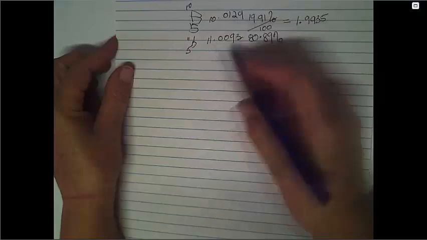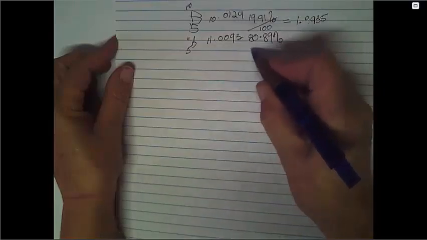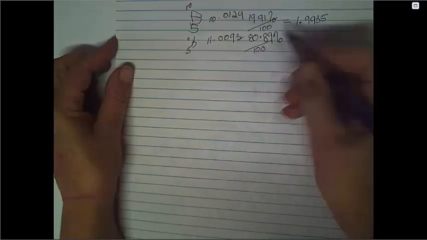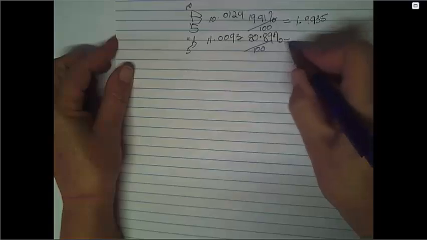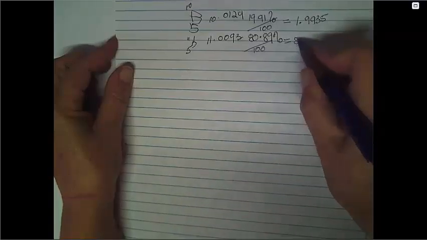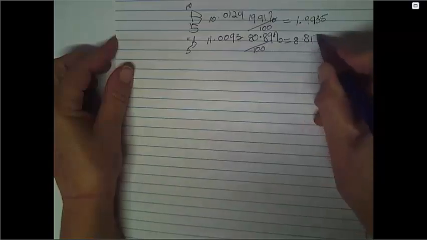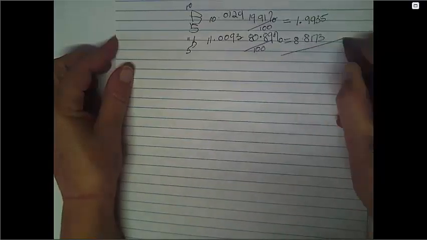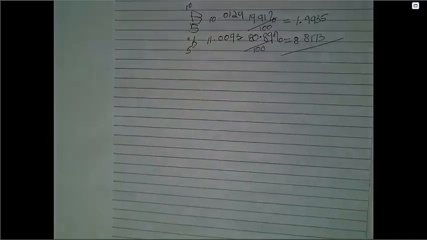Then we have to multiply this isotope, 0.0093 by 80.89 divided by 100. And the value we get there is 8.8173. If we add these together, we will get the value which is printed on the periodic table.